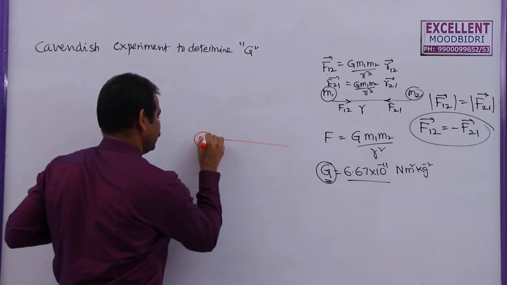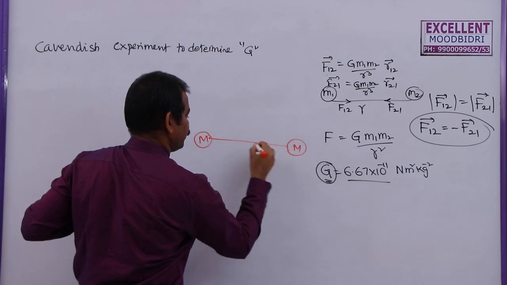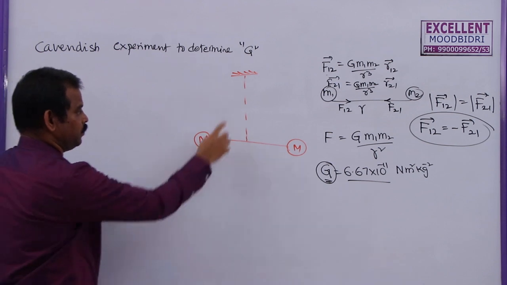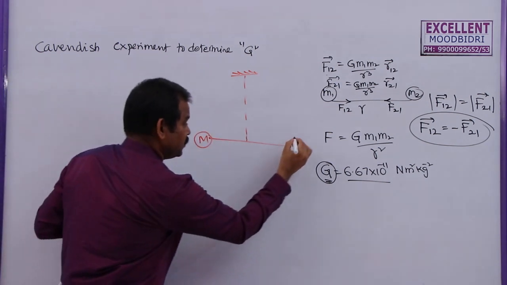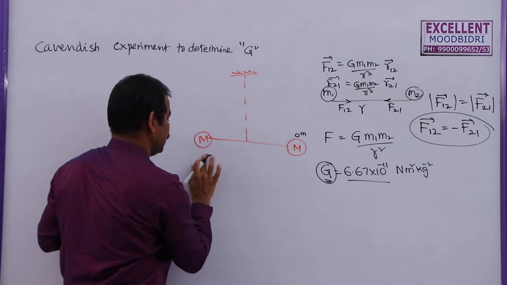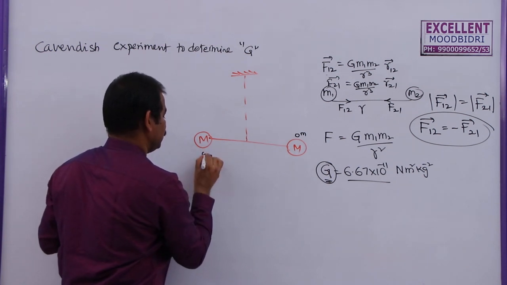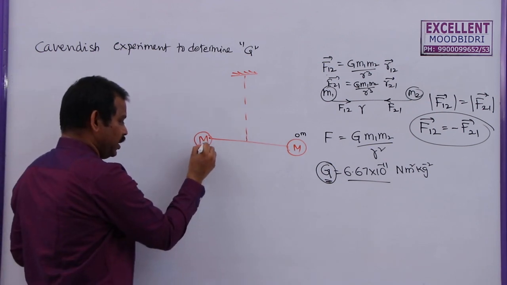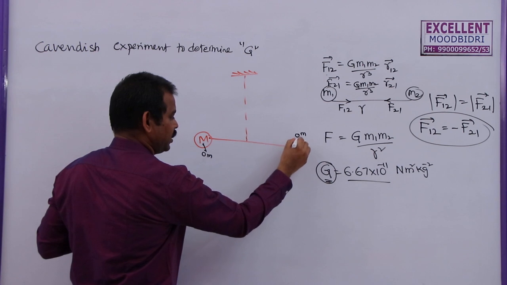Here this is M, this is also M, and it is suspended from a support with the help of a string. Now, a small mass m is kept here and another small m here at almost equal distance from each other. We know that due to gravitational force, these two attract each other as well as these two.